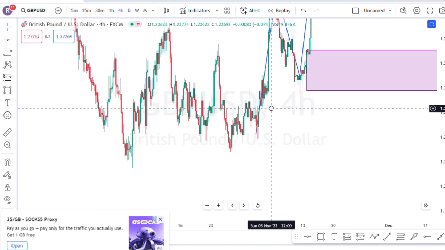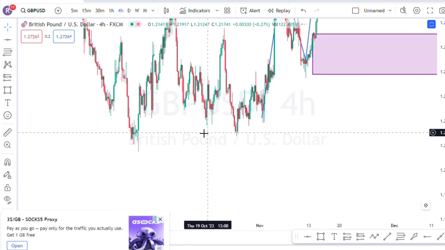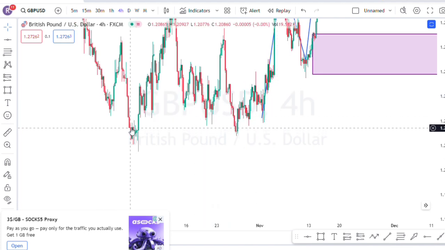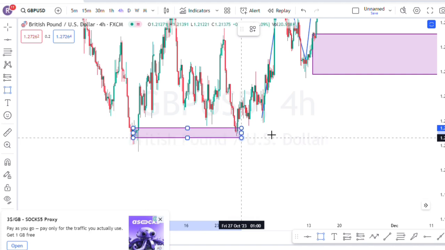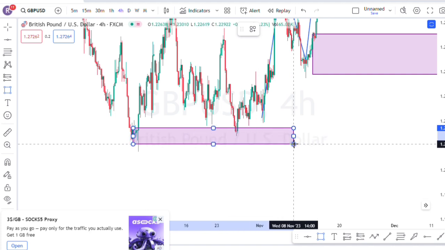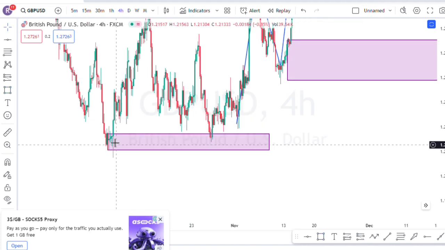Let's look into other examples. From here you can see this was a very good demand zone too, a very good demand zone that the market reacted to. Very valid demand zone. You consider this red candle before the bullish movement to the upside.